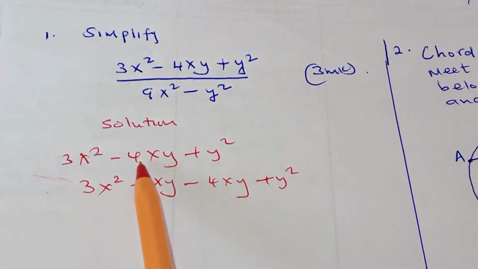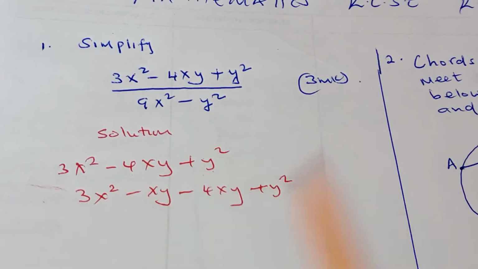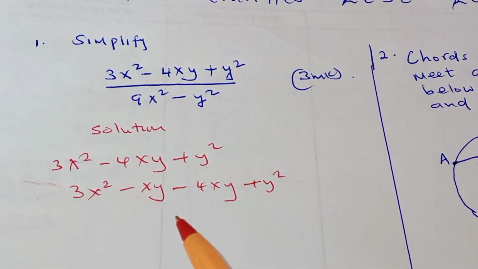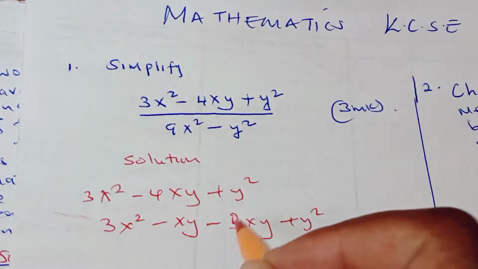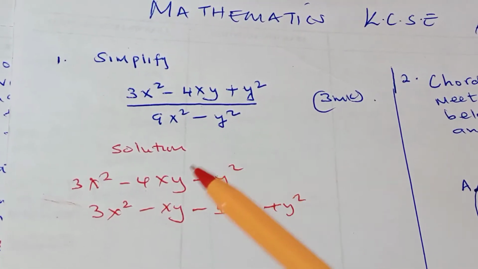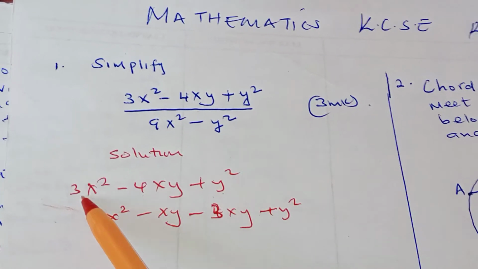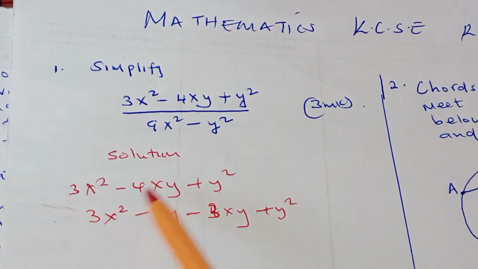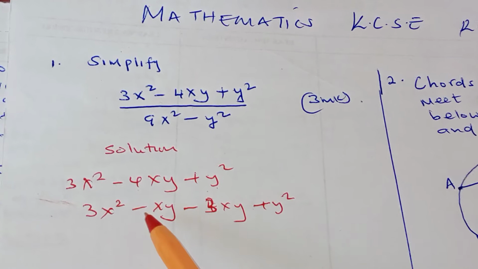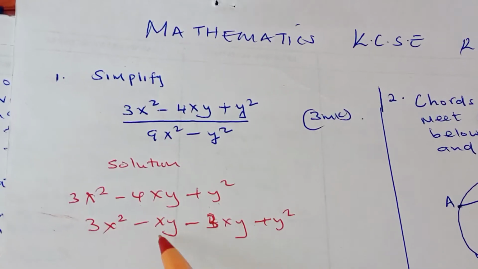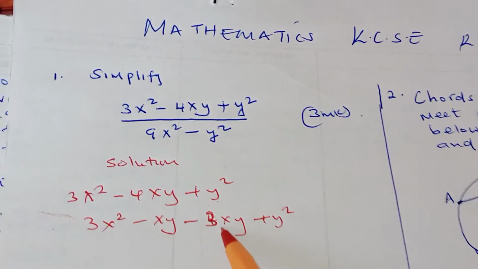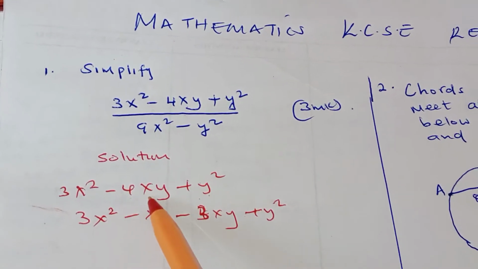Those numbers are -1 and -3. When you multiply them, you get a 3, and that is AC, right? When you add them, you get a -4. So those numbers are -1 and -3. So that's why you take minus xy minus 3xy, it will take you back to minus 4xy.